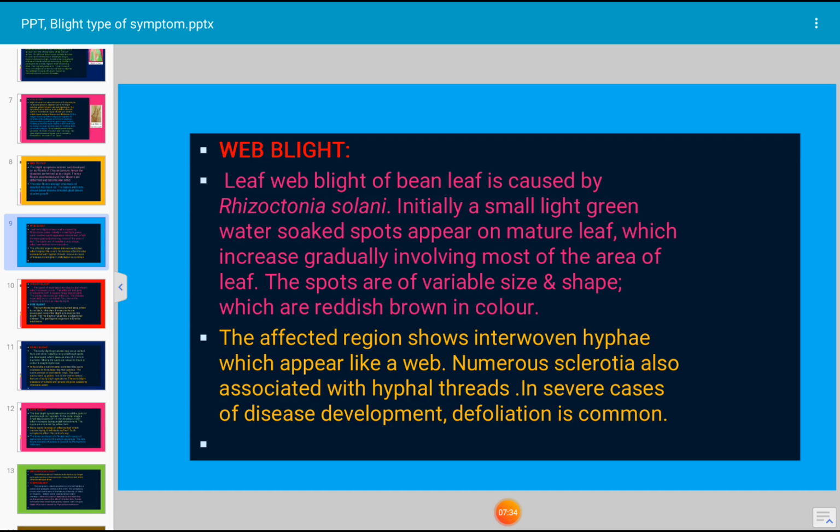The spots are of variable size and shape, and reddish brown in color. The affected regions show interwoven hyphae, which appear like a web. Numerous sclerotia are also associated with the hyphal threads. In severe cases of disease development, defoliation is very common. Defoliation means all the leaves fall off.